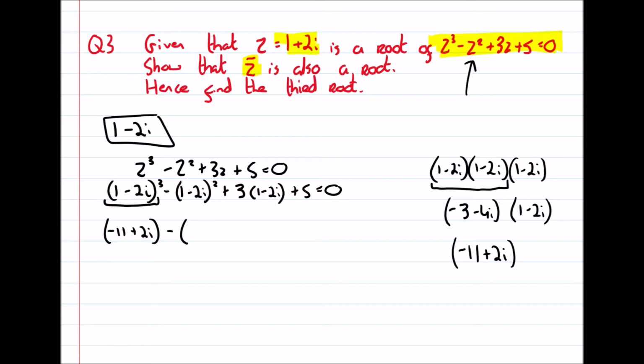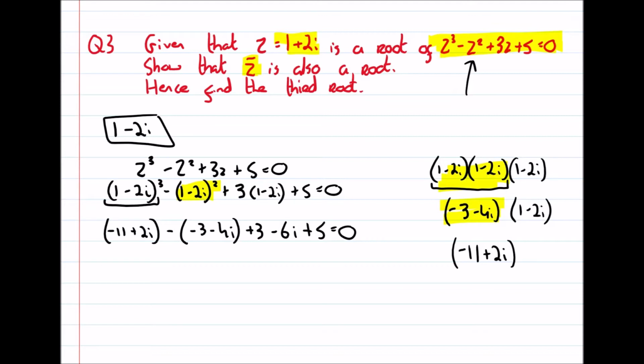Minus, and we've already squared out this part up here and I got this answer, so I'll just write that in: minus 3 minus 4i. And then I have plus 3 minus 6i plus 5 equals 0.